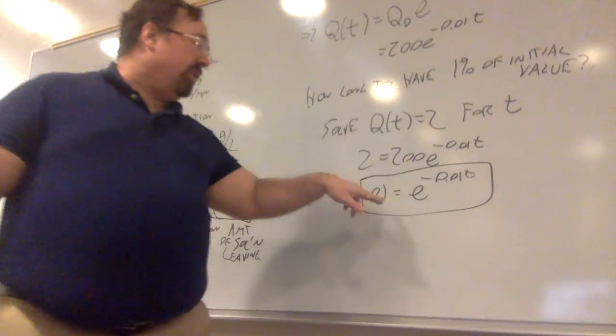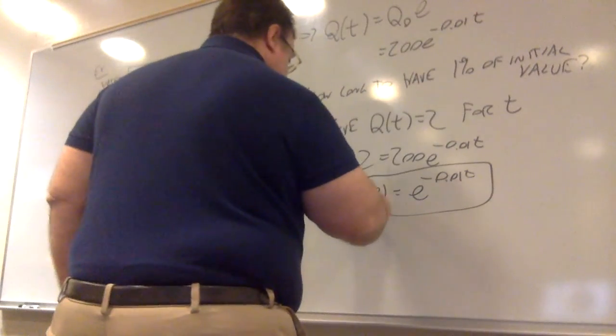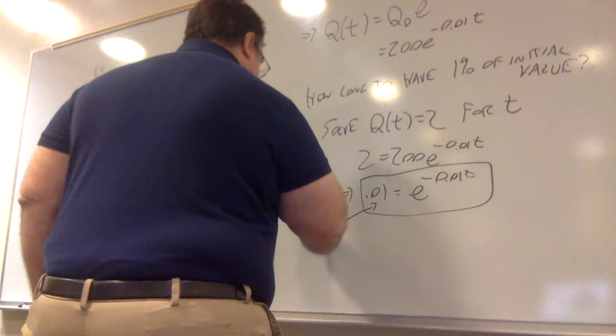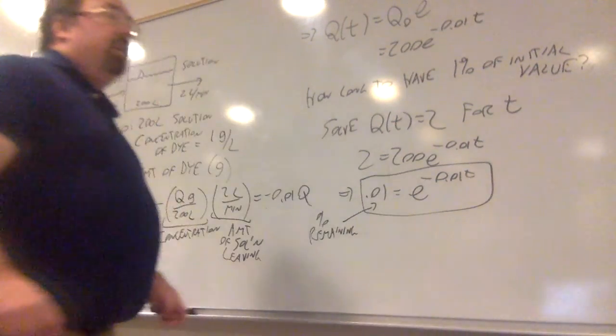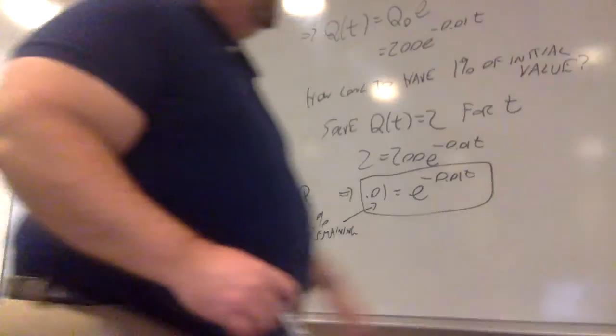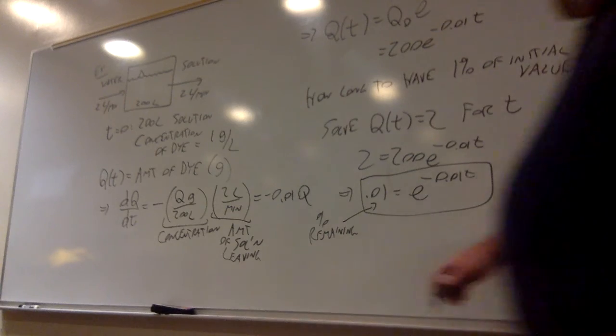It's a percentage that matters, and that's what goes here. So this is percent remaining. It's like the question involving half-life. I said it's equal to 1/2 because the substance is decaying to half its amount.